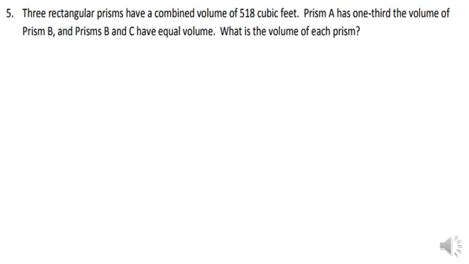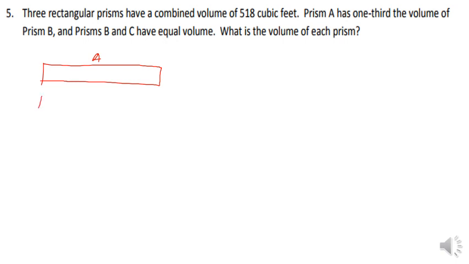All right. Now this next problem seems kind of hard, but if you think about it, it's not as hard as it seems. It says 3 rectangular prisms have a combined volume of 518 cubic feet. Prism A is 1/3 of the volume of prism B, and prism B and C have an equal volume. What is the volume of each prism? Well, I'm going to come up here.